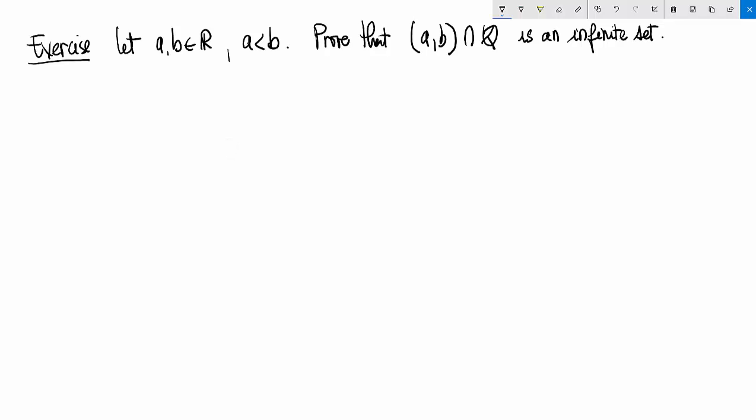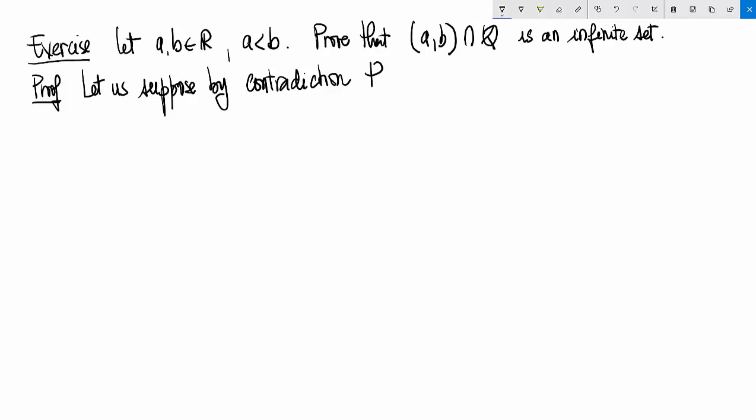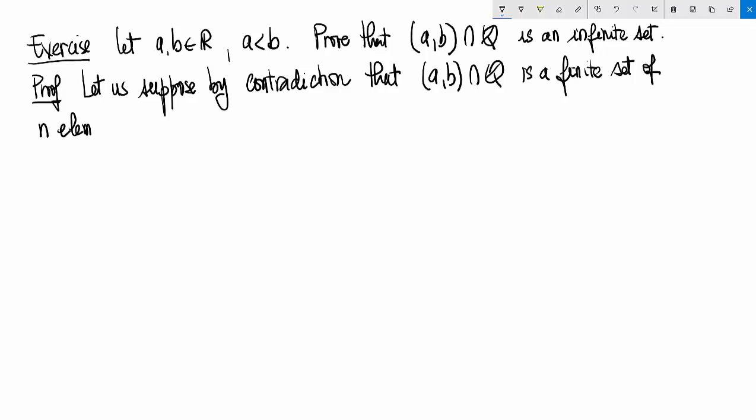Okay. All right. So here's the proof. Let us suppose by contradiction that A, B intersect Q is a finite set of, let's say, n distinct elements.